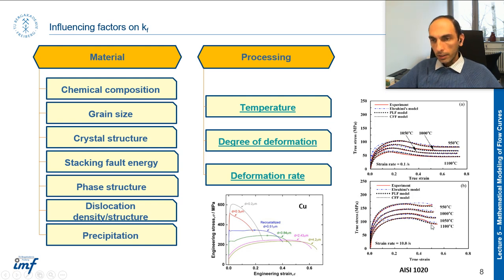And of course, here the strain rate is 0.1. The strain rate here is 10 per second. So if you compare two curves at the same temperature, then you can see that by increasing the strain rate, the flow curve is shifted up compared to that of strain rate 0.1.